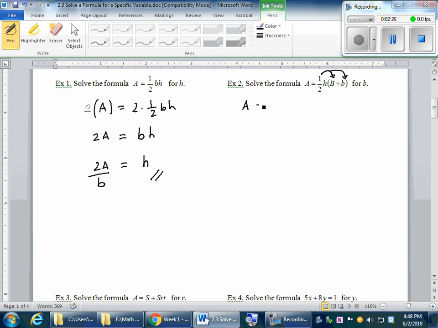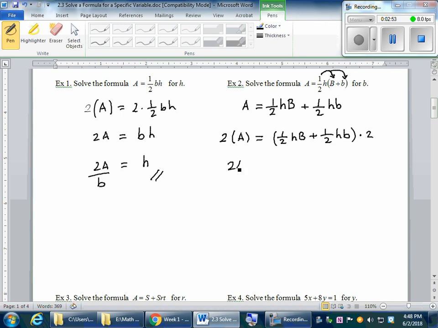So A equal to 1/2 h times uppercase B plus 1/2 h times lowercase b. And then we want to get rid of the fractions, so you multiply both sides by 2, the LCD.